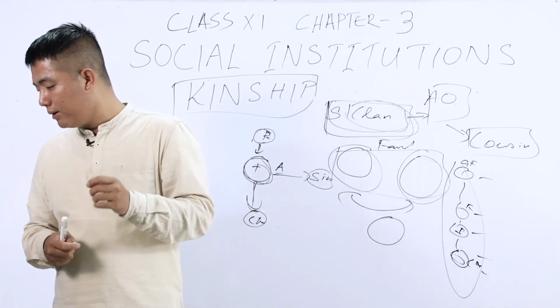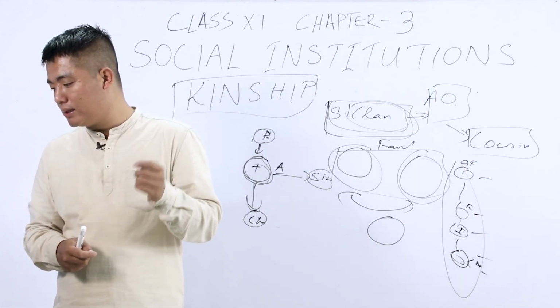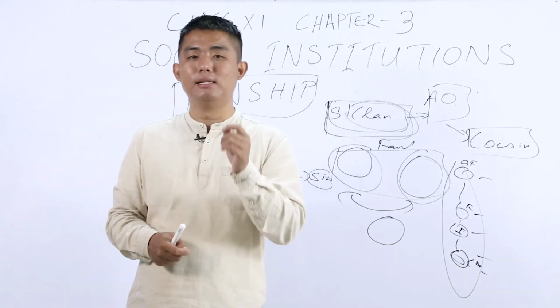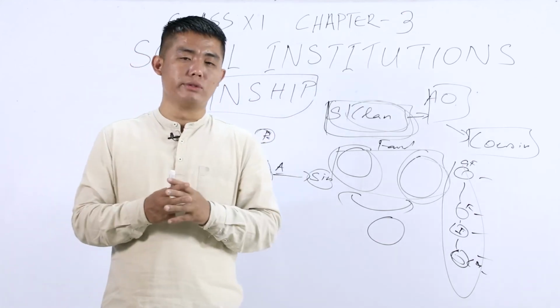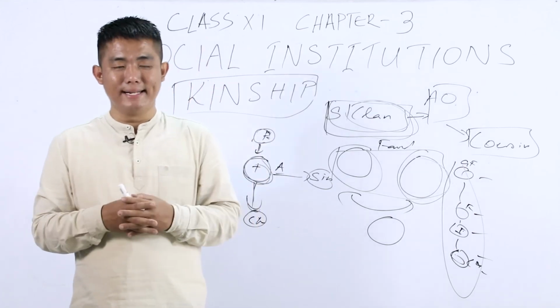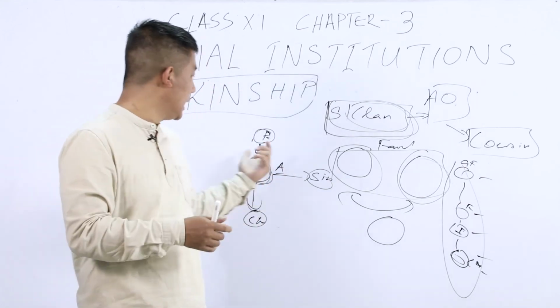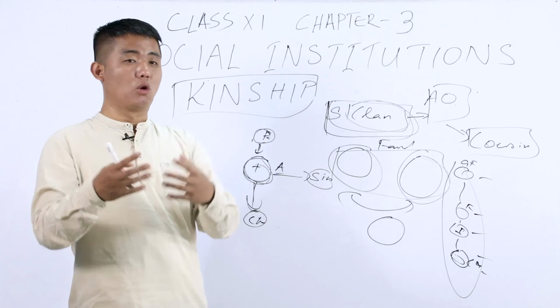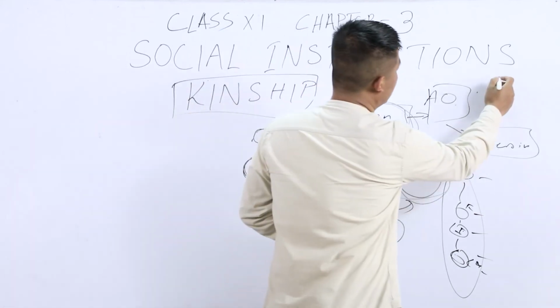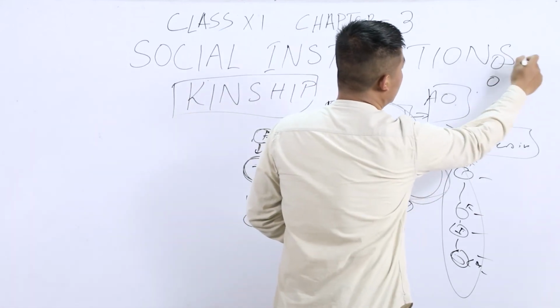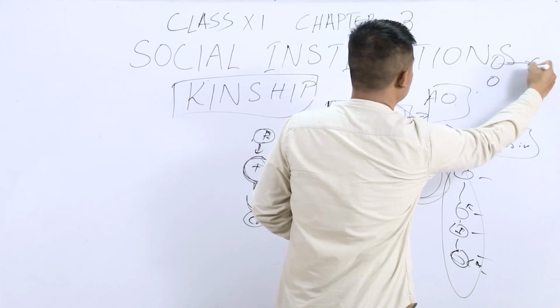Now, here, the husband and wife relationship is an example of primary affinal kinship. So it shows how directly related we are. Now, we are not talking about your cousins. For example, here you are, your father, and your father also has a sister.